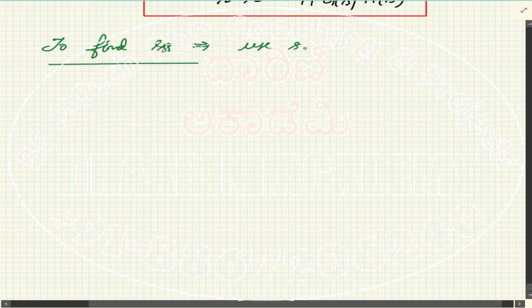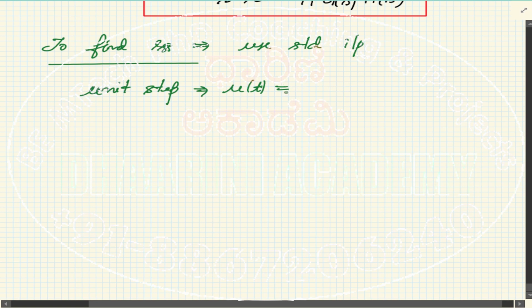So use standard inputs. What are the standard inputs? If you remember, let's try to write the values now. So first one is the unit step, denoted by u of t.